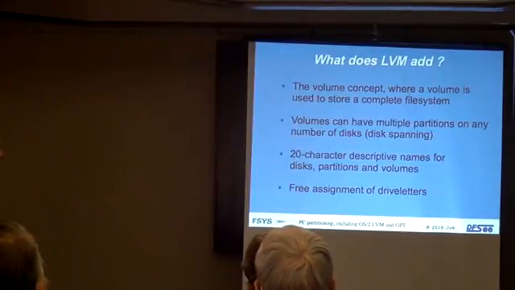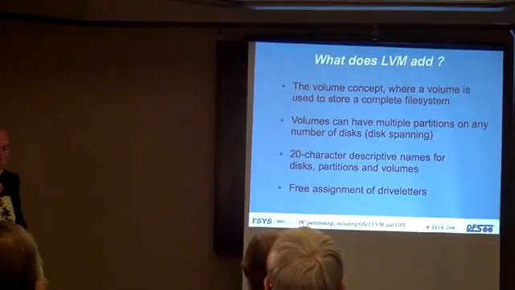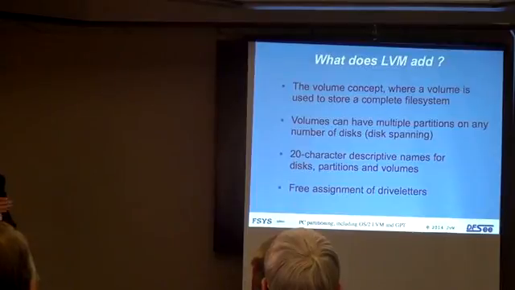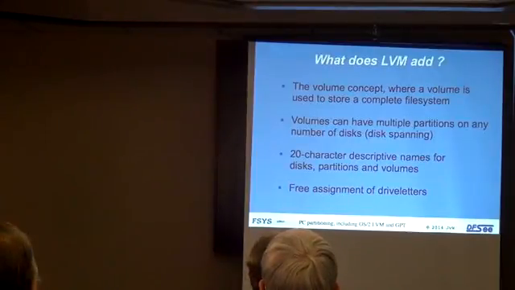One of them being assigning drive letters freely, because back from the old DOS days and also Windows, there was an algorithm that would assign drive letters to partitions based on their position on the disk, and whether it be primary or logical or whatever. And everybody adhered more or less to the same rules, so drive letters would more or less stay the same between operating systems. But it was very inflexible and could lead to errors.